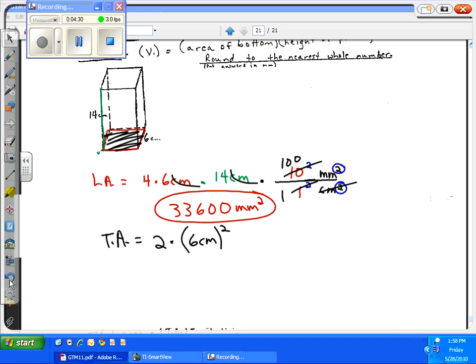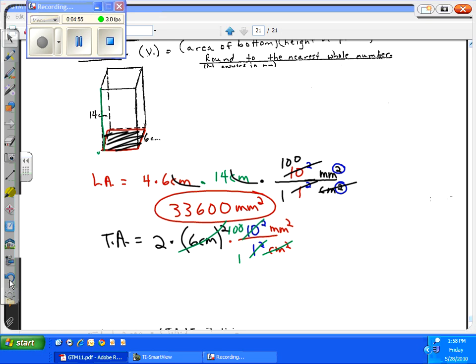Now that's going to be in square centi, and we're going to need to lose that name square centi and gain the name square milli. 1 centi is 10 milli, but we're dealing with square units, so we square, and so we would have 1 in 100. That would cancel out the square centi and make it be square milli.